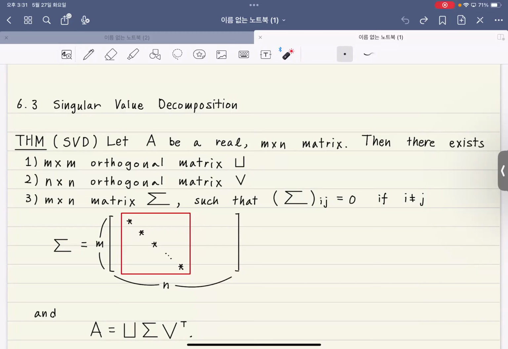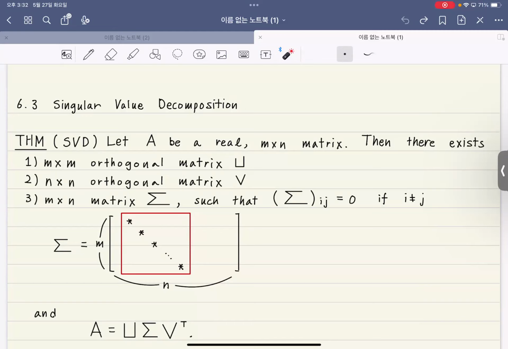And if you restrict the domain of the linear transformation A to the row space, then A is mapping the row space bijectively onto the column space. So A is an isomorphism between the row space and the column space.